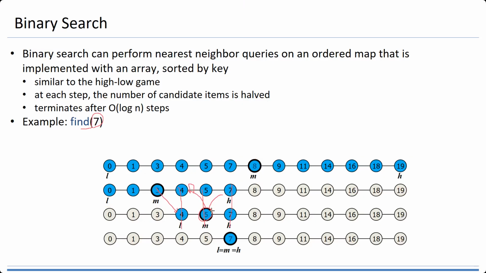We know that 7 is higher than 5. Then L equals M equals H, and it equals the number that we want to search. Then we have only 1, 2, 3, 4. So we have only 4 steps to search the number 7 using binary search.